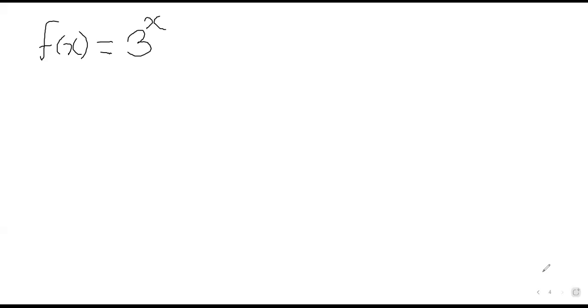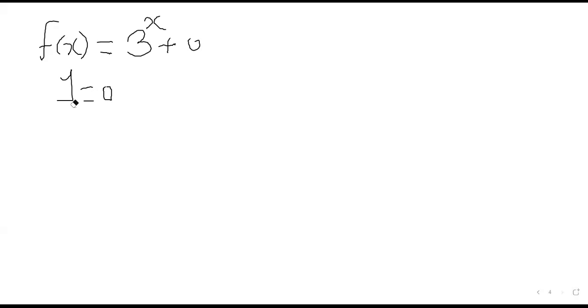So let's start with this question: f of x equals 3 to the power x. In this case, our horizontal asymptote is y equals 0.